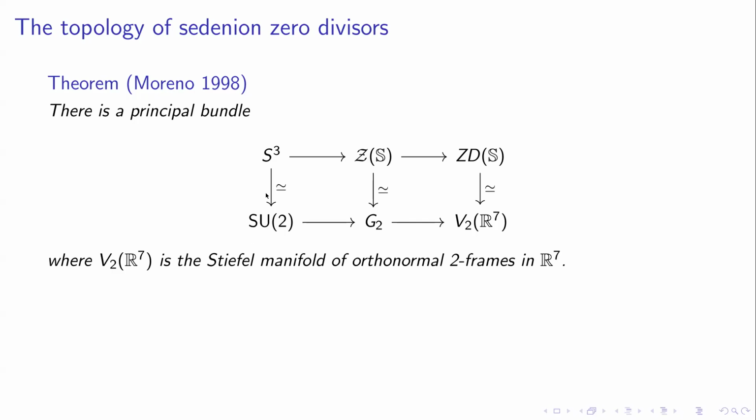And the structure group is the sphere. You can think of this as the spheres in the annihilator. I will go into the details about this identification, but this is the main ingredient.